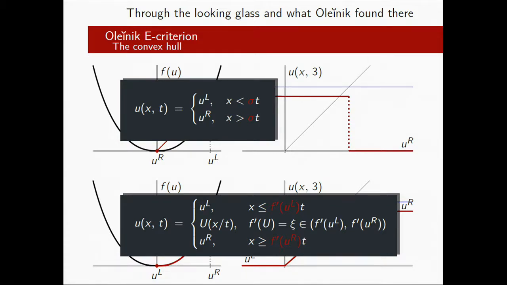The Rankine-Hugoniot conditions give us the speed of the shock, and the speed at the end points is given just by the derivative of the flux at the two points. You need to calculate the profile by inverting this parameter, which is going to give you the speed of the rarefaction wave.